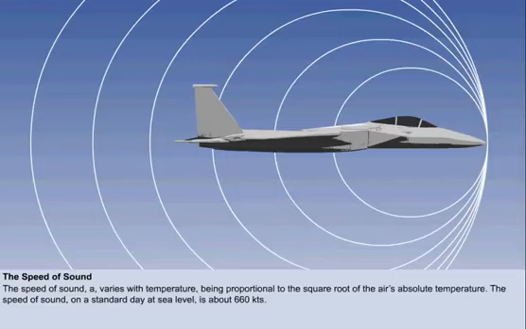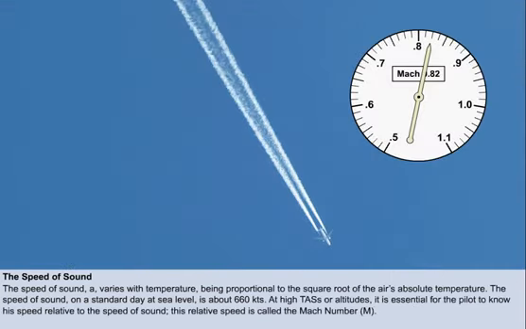The lower the temperature, the lower the speed of sound. On a standard day at sea level, the speed of sound is about 660 knots, or 340 meters per second. At high true air speeds and/or high altitudes, it is essential for the pilot to know his speed relative to the local speed of sound.